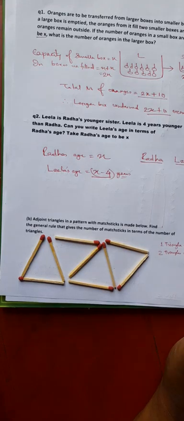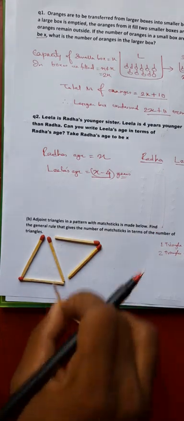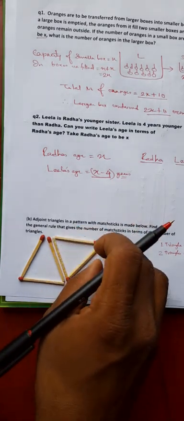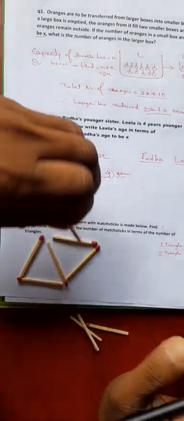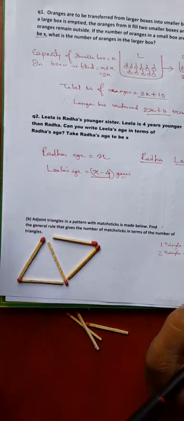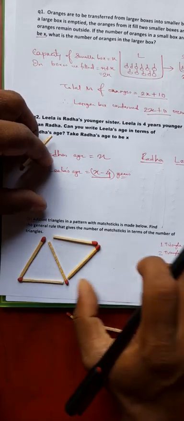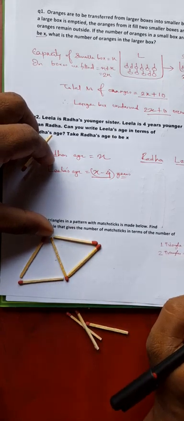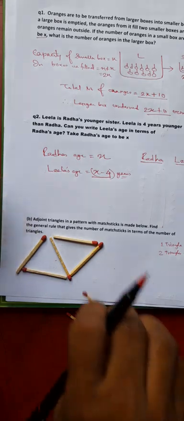We are taking away 1 stick. For 2 triangles, we are taking away 1 stick, like this. There were 2 sticks here, we are replacing 1 stick. That means for forming 2 triangles, we are using 3 multiplied by 2, 6 sticks, but we are taking away 1 stick.